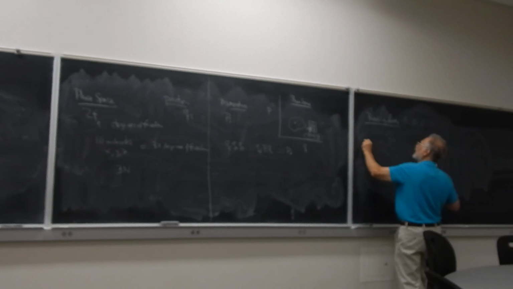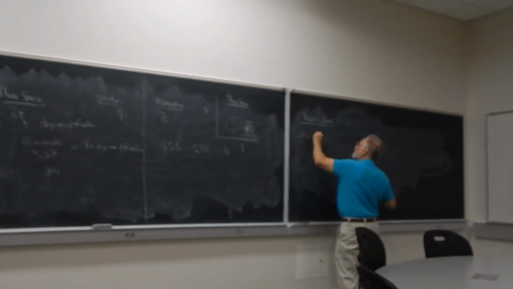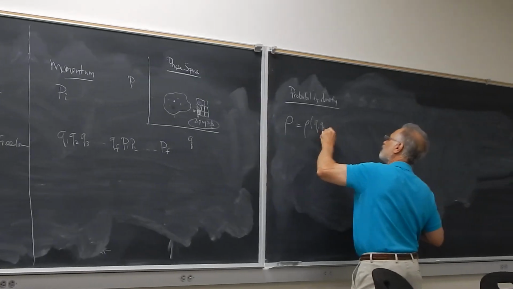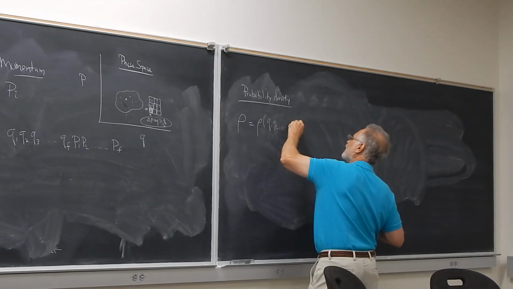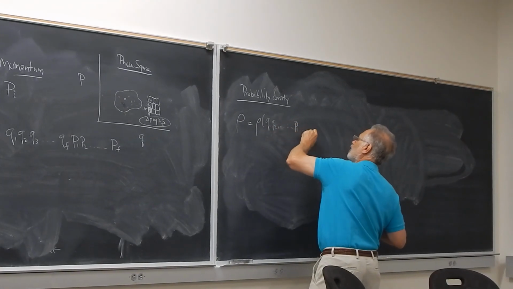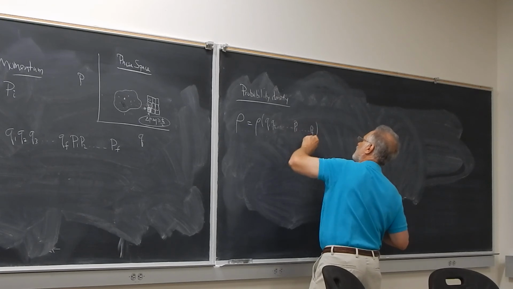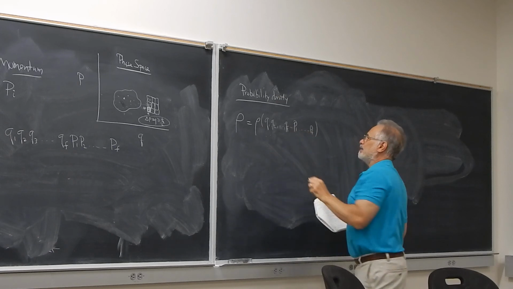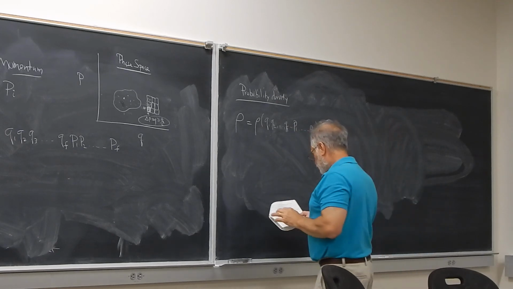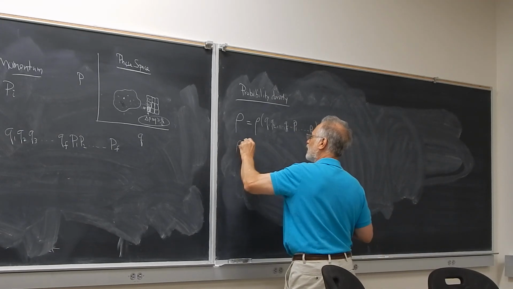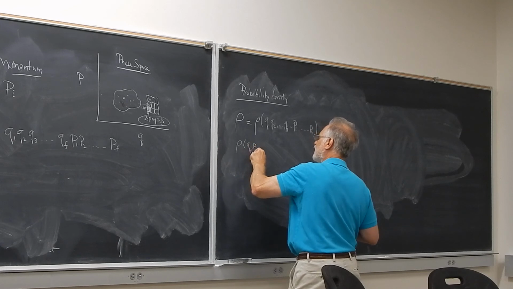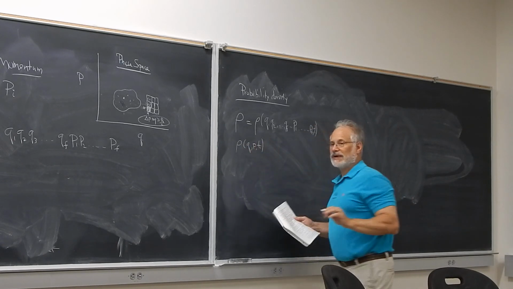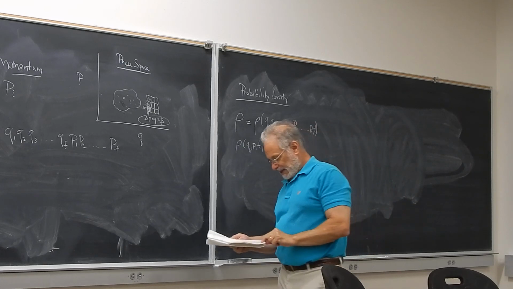So we can have a probability density that is a function of all of our degrees of freedom of the system, all the way from P1 all the way to P final, if I have F, let's say, degrees of freedom in the system. Or I might write this for short, just Q, P, and of course, time. Don't want to forget time, as the system may evolve in time.